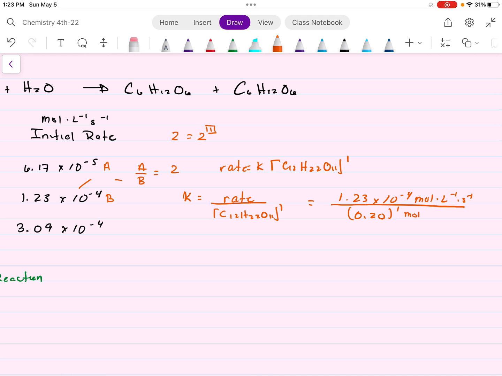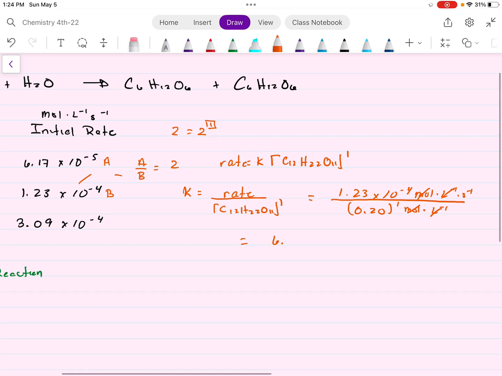Again, remember that this is moles per liter to the minus 1, so that's going to cancel here and here. If I take these two numbers and divide them, I'm going to end up with 6.15 times 10 to the negative 4 seconds to the minus 1. So my k is going to be equal to this. Again, this is just a review. We've already done this, just going over it one more time.